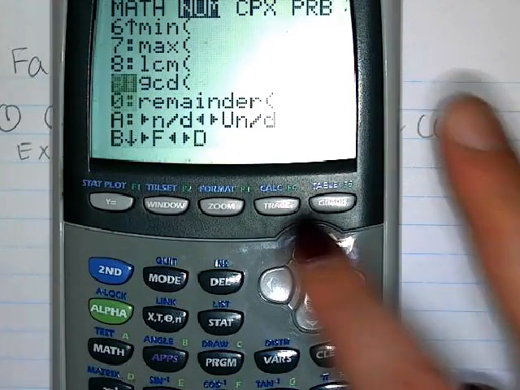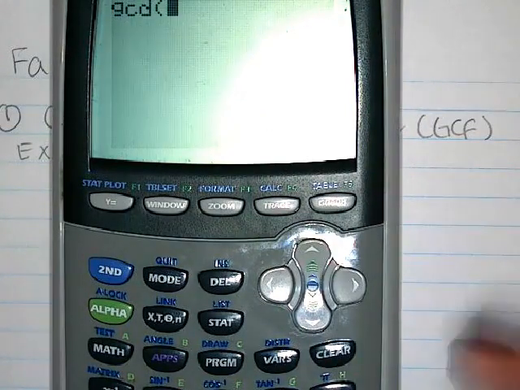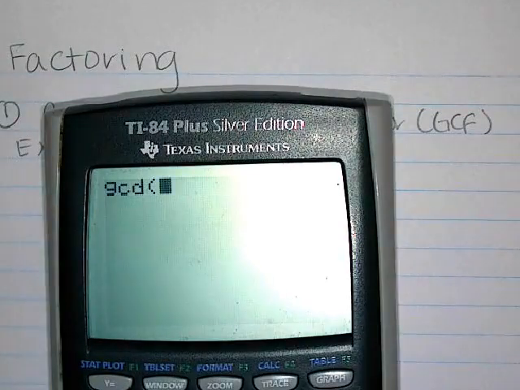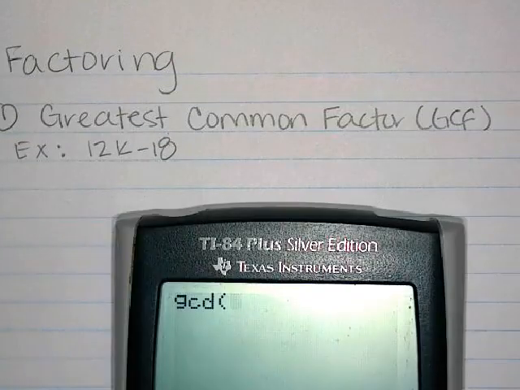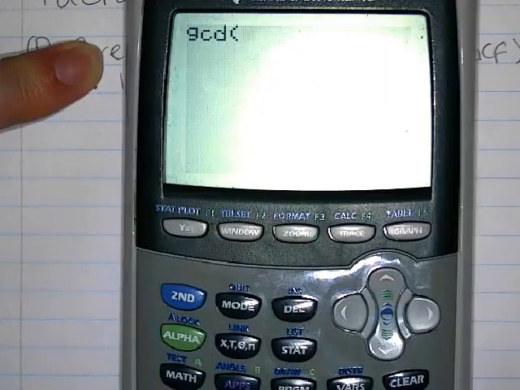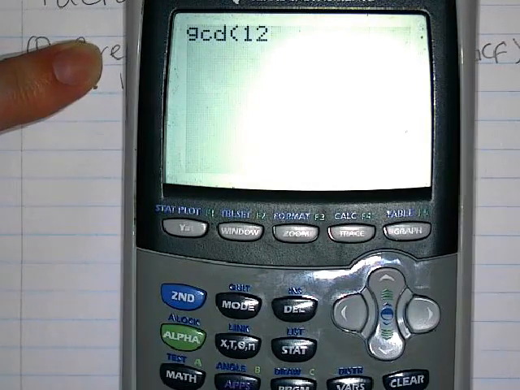Press number 9. What it will do if you look at these two numbers is it will tell you what the greatest common denominator is, or really greatest common factor is. It'll tell you what the greatest common factor is between two numbers, which is cool because that helps us with factoring. So if we want to know what the greatest common factor is between 12 and 18, we can type 12, comma 18.